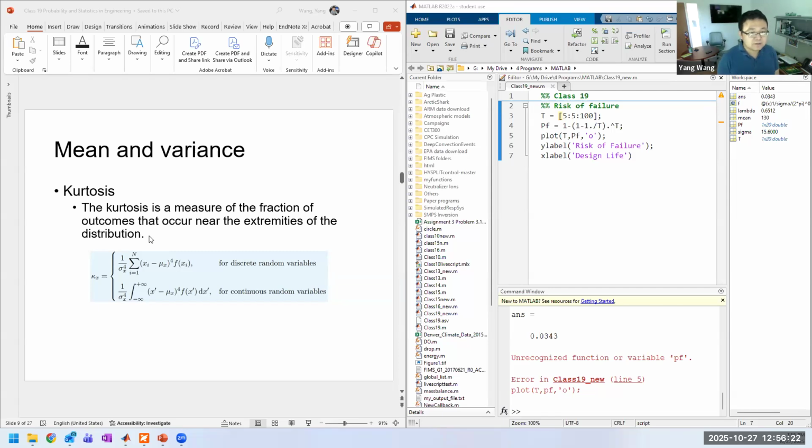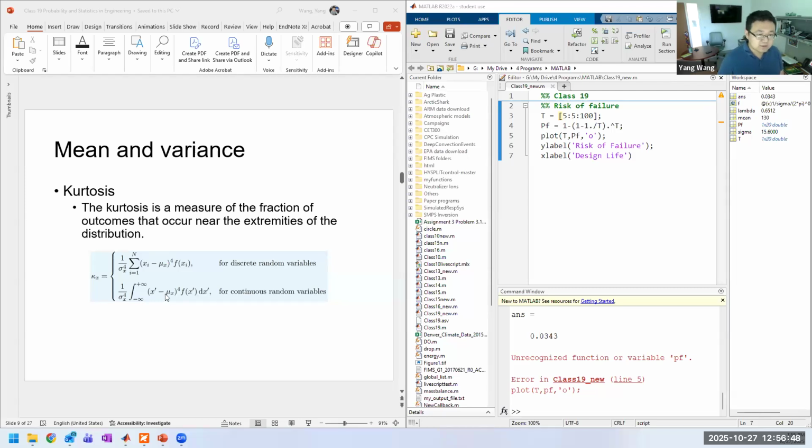There are places that are influenced by more frequent flooding events, but there are also places that are less influenced by these extreme flooding events. So if you consider the extremities, the place that has fewer floods is going to have a smaller kurtosis compared to the other place, okay?